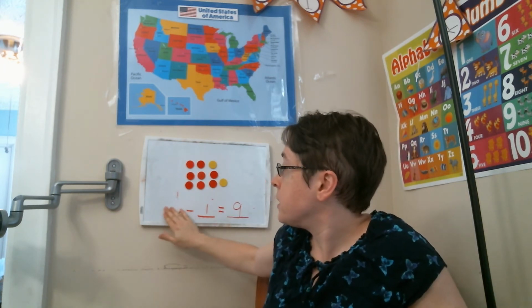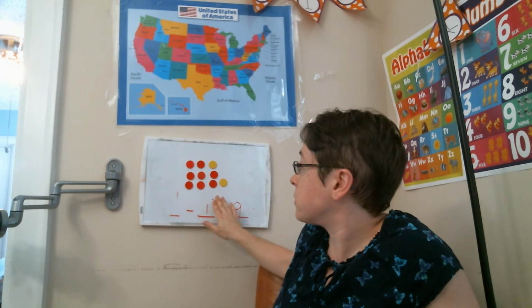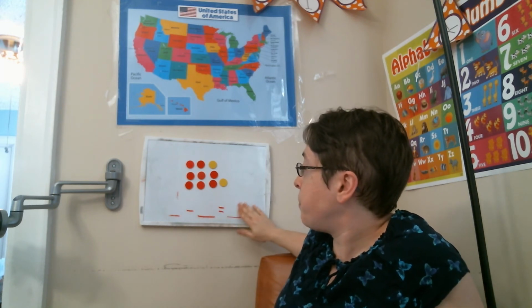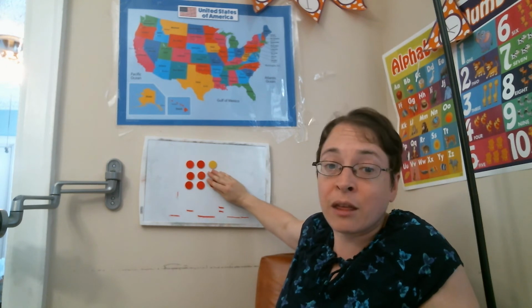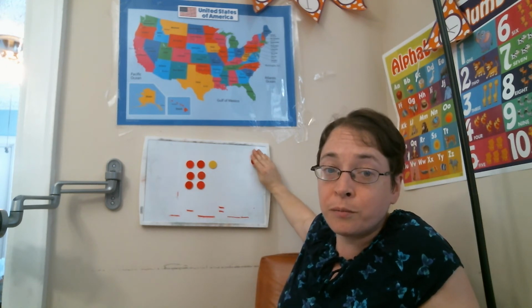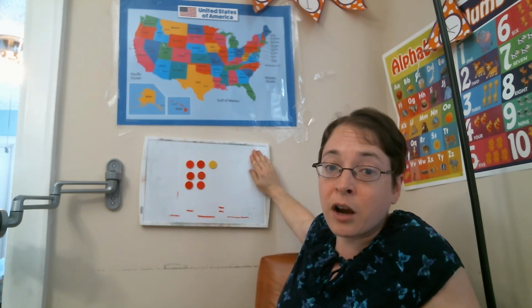Let's try another story. There were 10 bears sleeping in the cave. 3 bears got hungry and wanted to see the honey tree. So we need to take 3 bears, and they are going away.